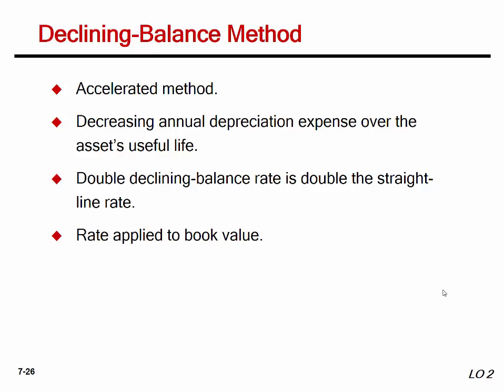Over time, the amount will go from a large amount to a smaller dollar amount year over year. So it's going to be a decreasing annual amount of depreciation expense over the asset's useful life.